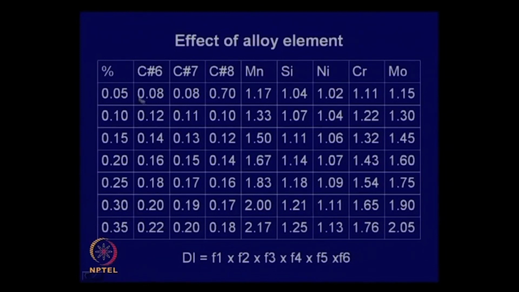Now, any alloy element you add improves the hardenability. In fact, one of the primary reasons for adding alloy elements to steel is to improve its hardenability. As you see, suppose manganese, you go on increasing manganese. These are the hardenability factors.